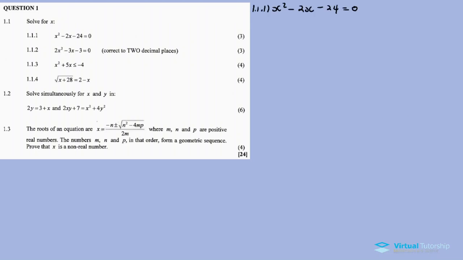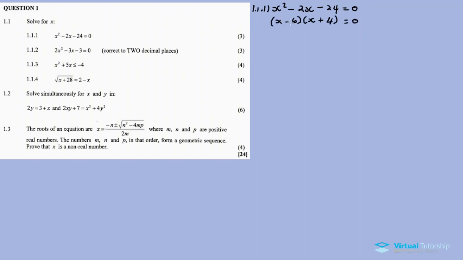So 1.1.1: x squared minus 2x minus 24 equals 0. Here I will use the factoring method. So we have 2 brackets. I'm looking for 2 numbers which when multiplied give minus 24, and the same numbers when added give minus 2.